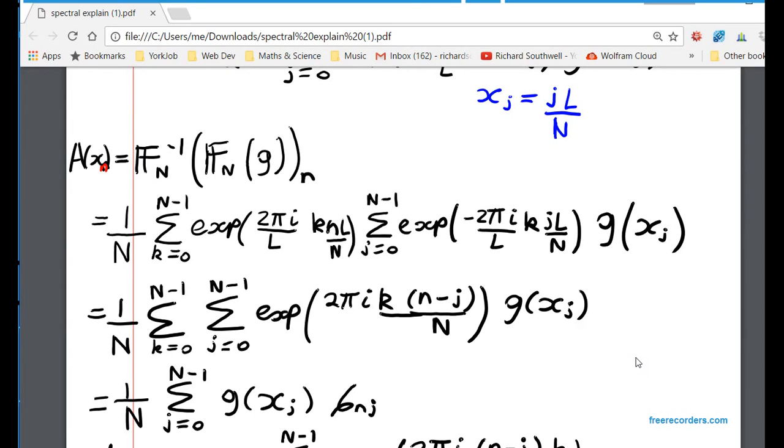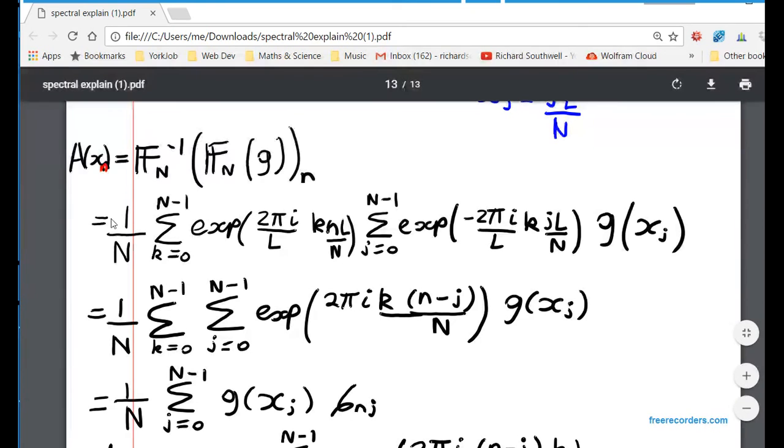Yeah, so we can move the sums to the left. These exponentials are multiplied by each other, so we can add their arguments and factorize. And so we've got a sum over wave number k and a sum over grid points j.